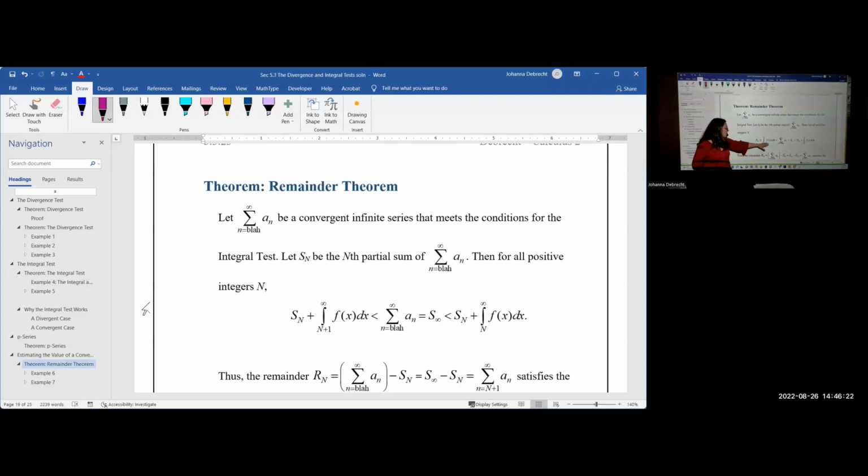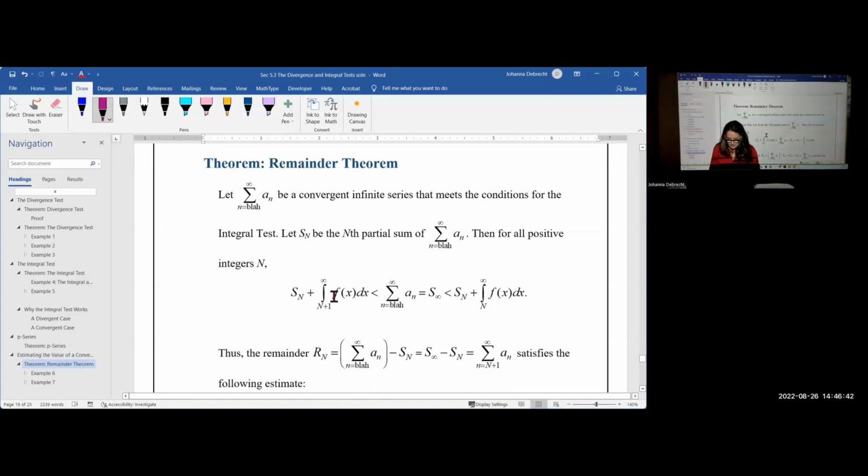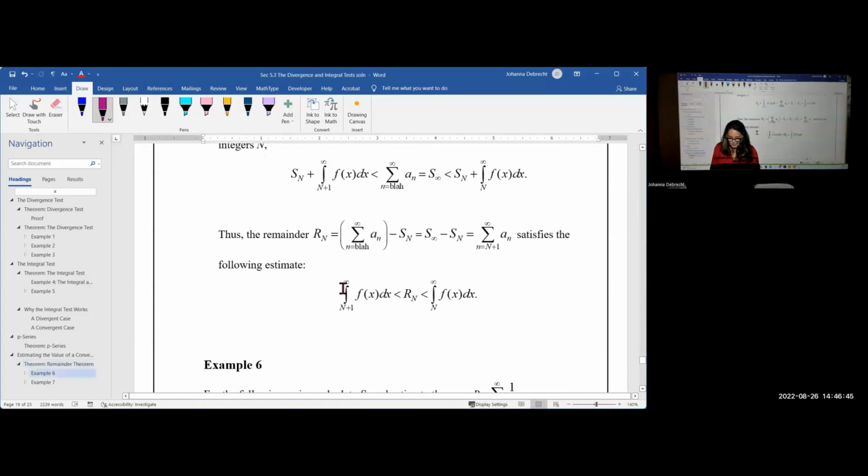The lower bound plus the approximation has to be less than the true value of the infinite series, which has to be less than the approximation plus the upper bound. So the true value has to be between those two, and I can compute all of these pieces. So the remainder has to satisfy this inequality that we saw up above.